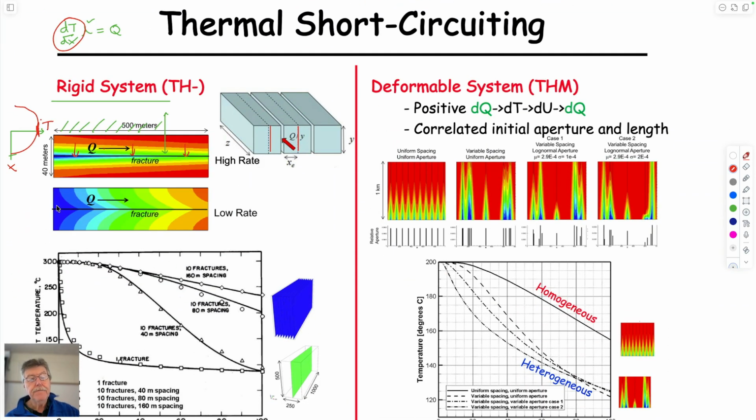Conversely, if you have very slow flow along here, this will rob all of the thermal energy from this part of the system. It will take all the thermal energy out of here, dump it into the water, and that water will carry it here. Because the water is already at the temperature of the reservoir, there's no impetus for it to draw any more heat out of the reservoir. And so these are the two end members in terms of physically what it would look like in the reservoir.